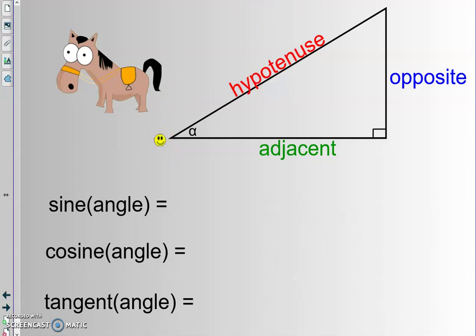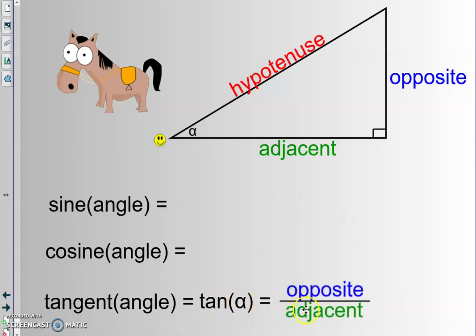We're standing right here at the angle called alpha, and the tangent function, you remember, is the ratio of the opposite. Before we get there, the abbreviation for tangent is TAN. So this is read the tangent of alpha, and it's the ratio of the opposite side to the adjacent side. And we spent a lot of time on tangent.